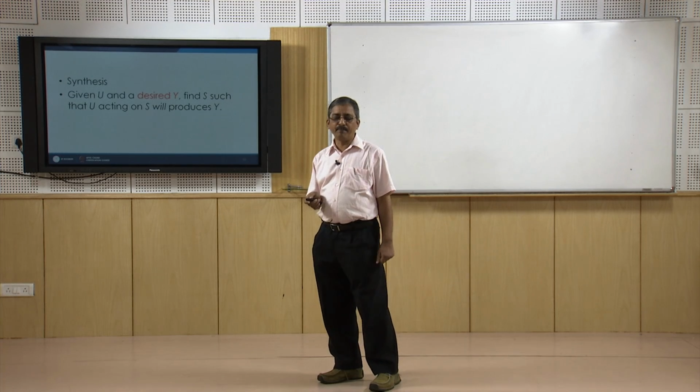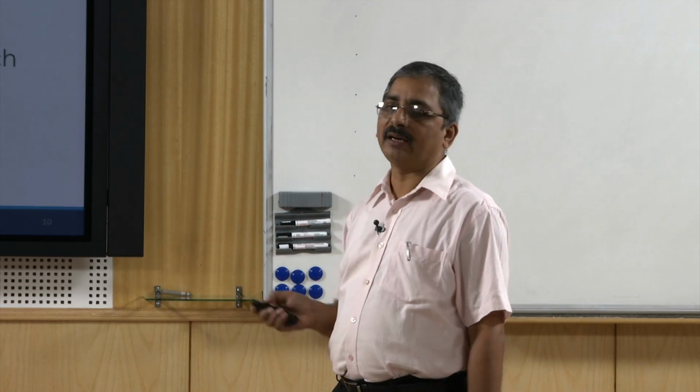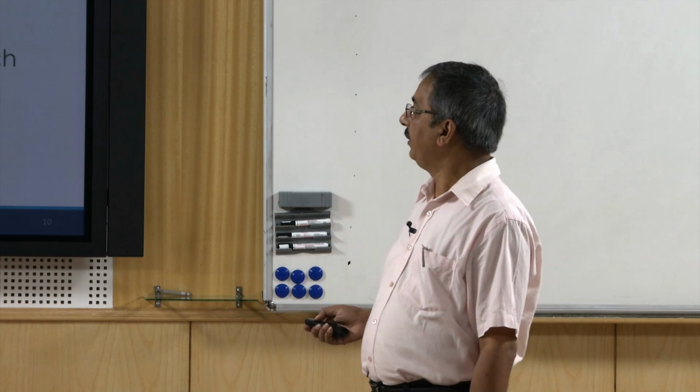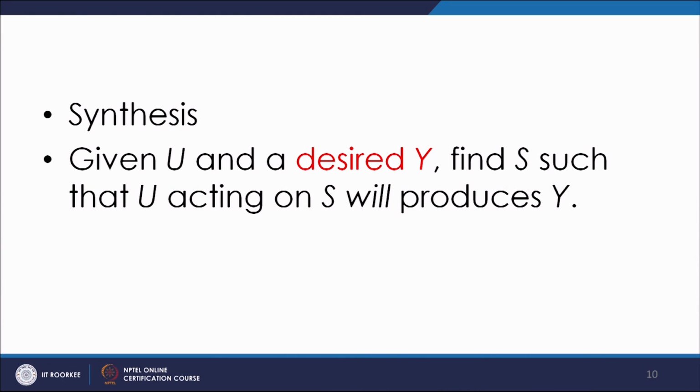Next important usefulness of the dynamic model is in synthesis. Now in synthesis, what is done is that you are given a u, and you have a desired value of y. Now you know the input and you know the desired output, what output you want from the system.